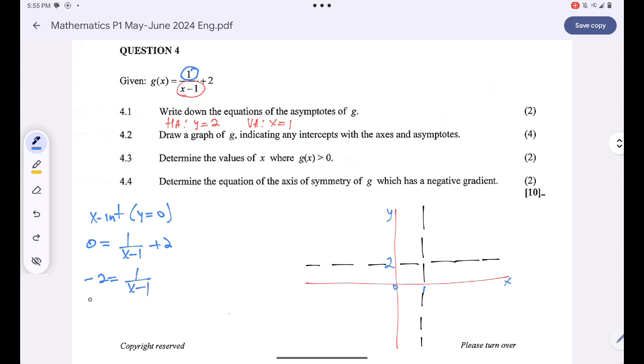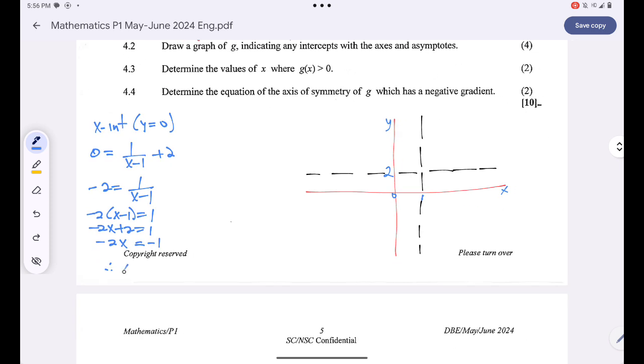I then cross multiply, and I'm left with negative 2 times x minus 1 equals 1. Negative 2x plus 2 equals 1, then negative 2x equals negative 1. Therefore x equals 1 over 2. My x-intercept is 1 over 2.